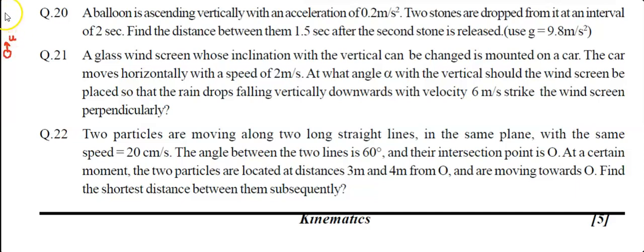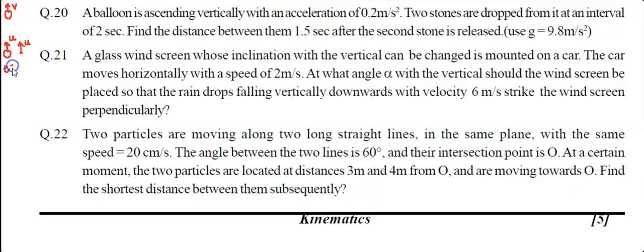Then it goes up with that acceleration, and its velocity becomes some different v after 2 seconds, when it releases the other one. So this particle starts moving at velocity u, because it takes the same velocity as the balloon.